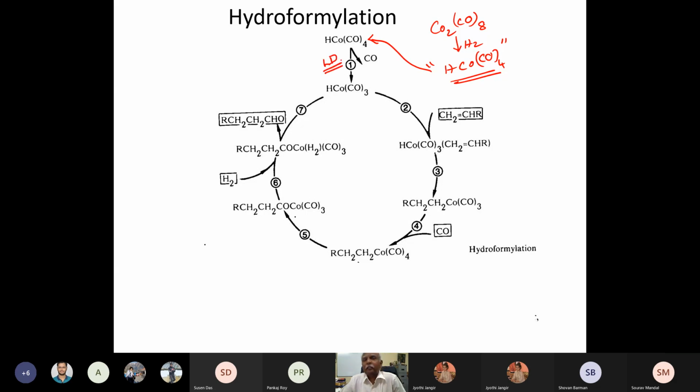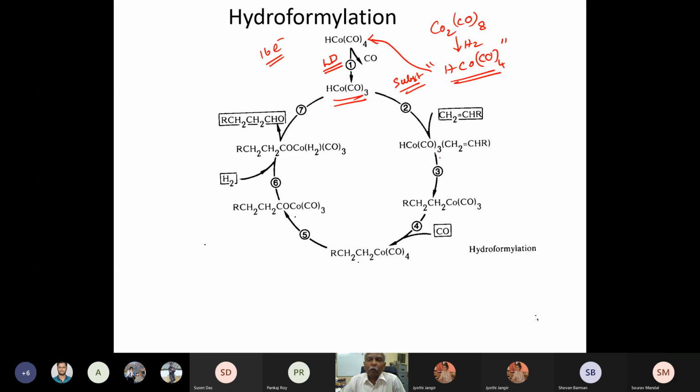Ligand dissociation is probably common to almost every catalytic process because the resting state of the catalyst is a species which would most probably be an 18 electron species, if not a 16 electron species. If it has to react with the substrate, it needs a vacant coordination site. So you have a ligand dissociation, a vacant coordination site is generated, and an alkene is coordinated.